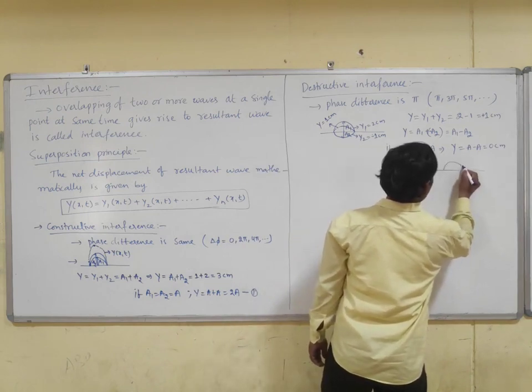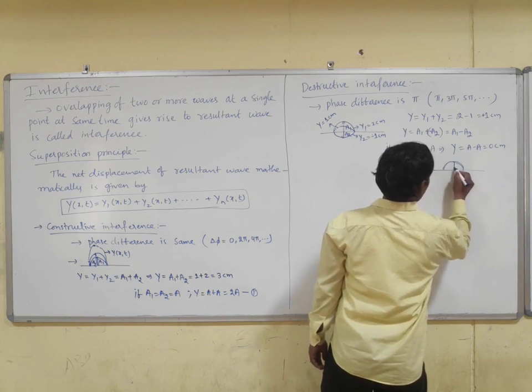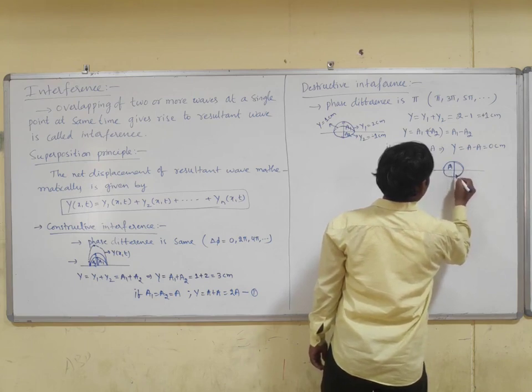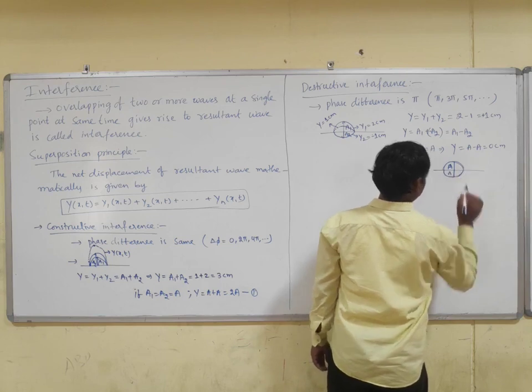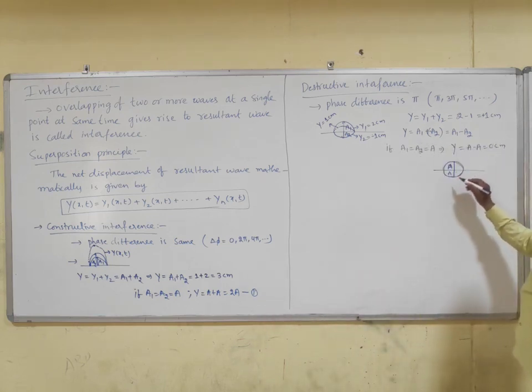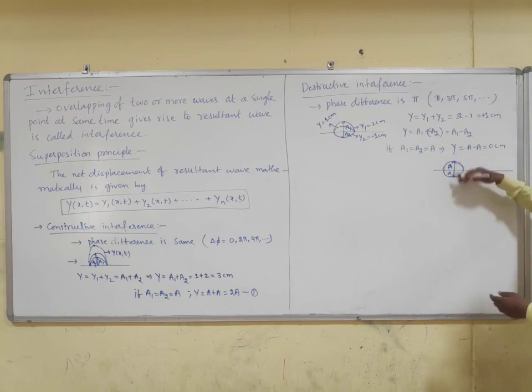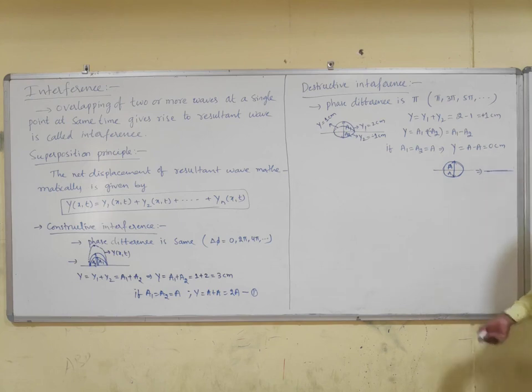This is 1 centimeter, and this is A, and this is also A. Now this will give a straight line, because plus A minus A will become 0. So that's why it is destructive interference. In this case, amplitude will become 0, that is 0 centimeter.